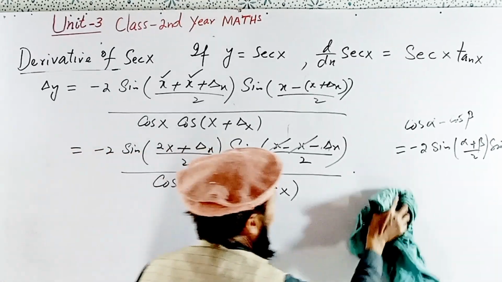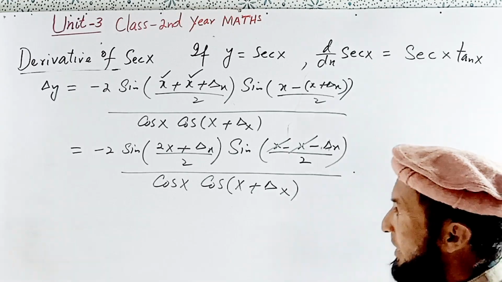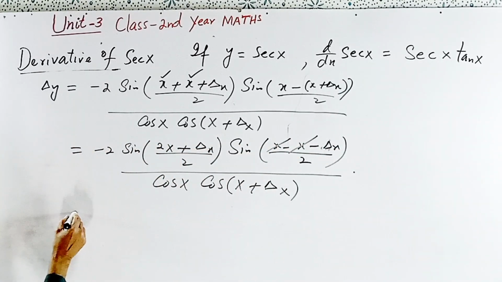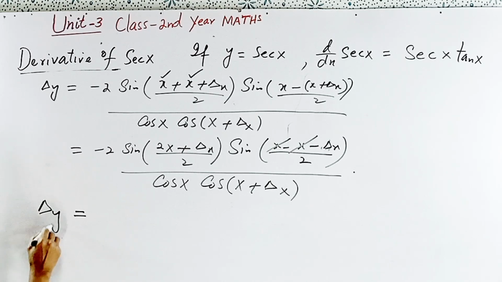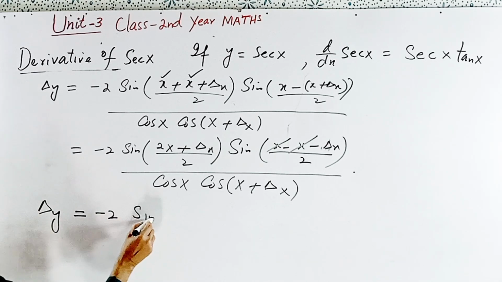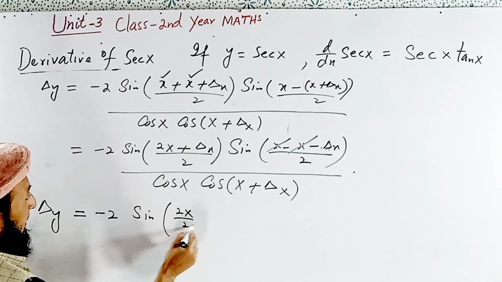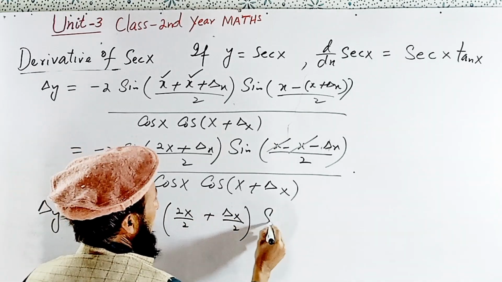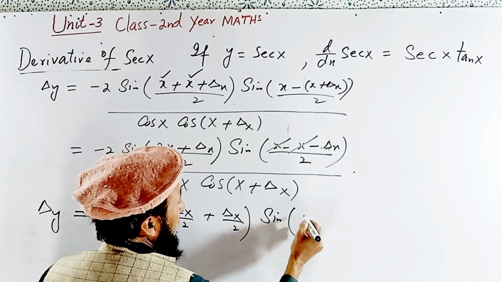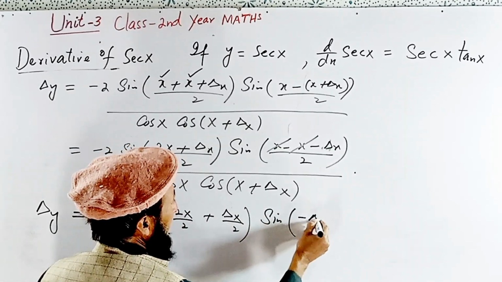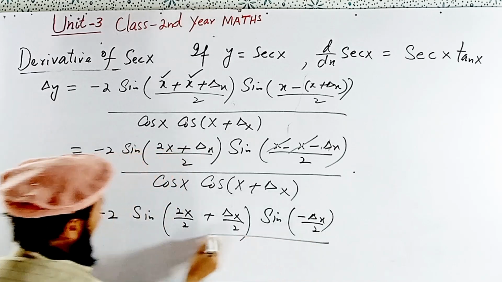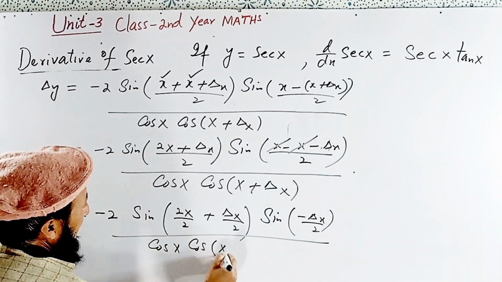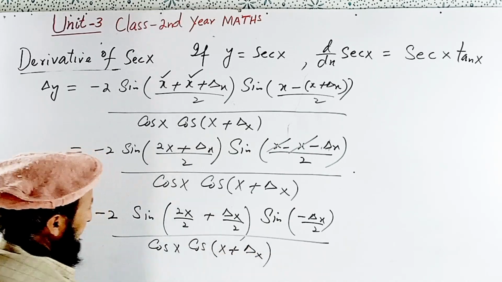Further, we divide this term by 2. So we can say delta y is equal to minus 2 sin of (2x plus delta x) divided by 2, and sin of minus delta x divided by 2, divided by cos of x and cos of x plus delta x.